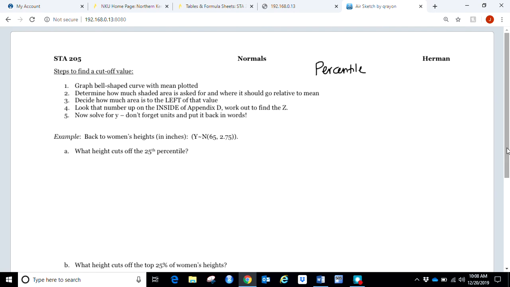So for example, my son is at the 97th percentile for height for kids his age. So what this means is that he is taller than 97% of kids his age.